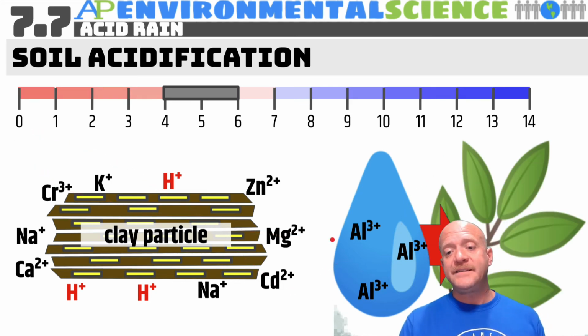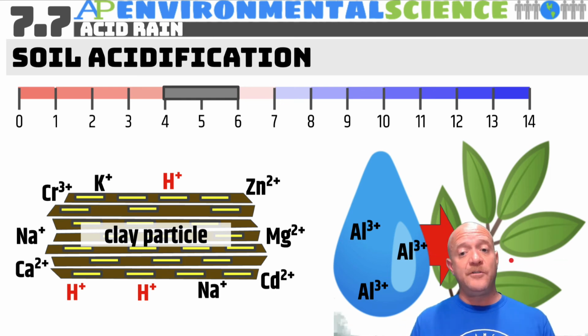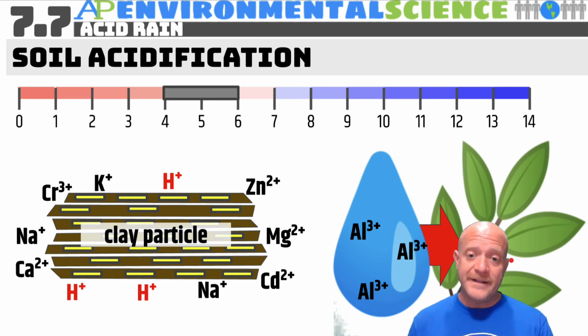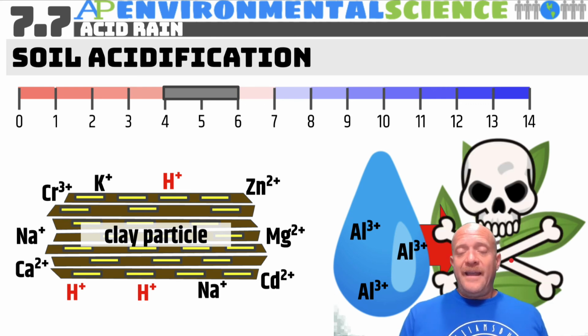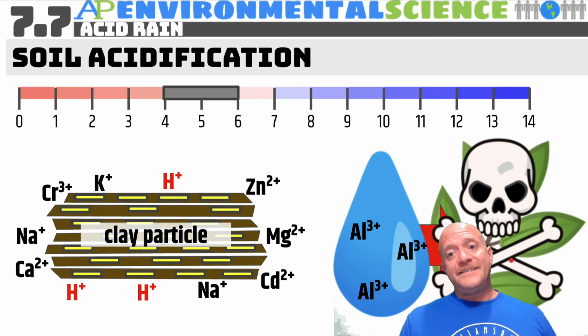And what happens is they can be easily picked up by plants, because this aluminum is now in the water and it's not attracted to the clay particle, it's now attracted to the water molecule. It can be picked up by the plants, and eventually can lead to their death, or the plants being outside of the range of tolerance.